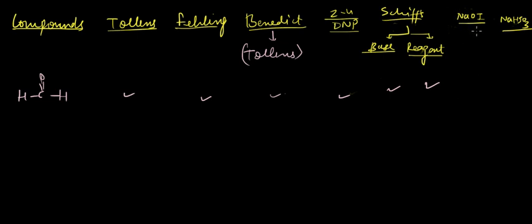So it will not show NaOI. And finally for NaHSO3, yes, it will show reaction with NaHSO3. Okay, we have discussed NaHSO3 in the last lecture only, so it won't be a problem.